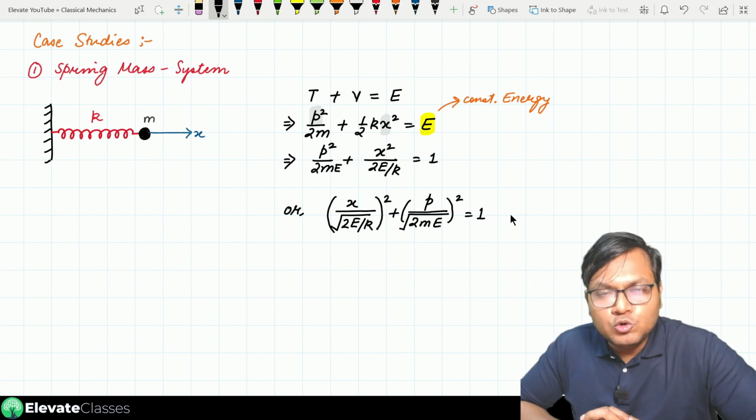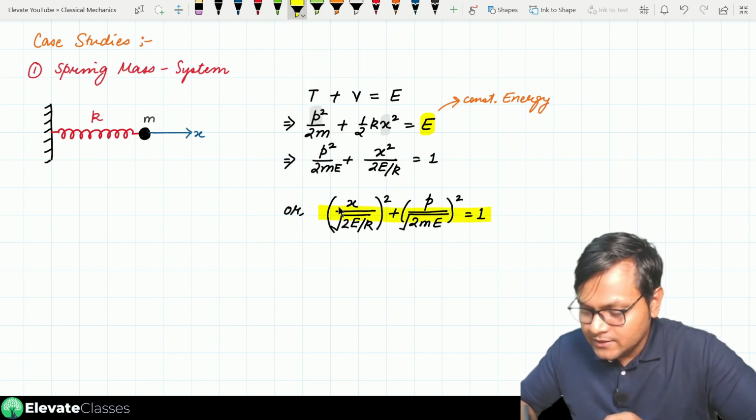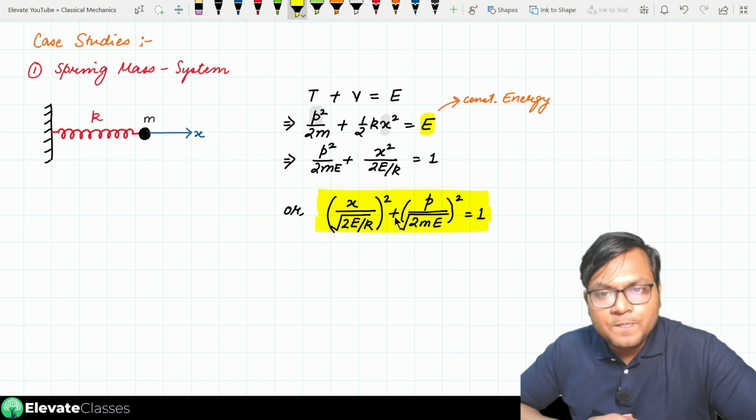Now you may say this looks very complicated, there are so many terms, it seems very complicated, but it actually is not. Look at it carefully. Are you able to recognize what kind of an equation it looks like?